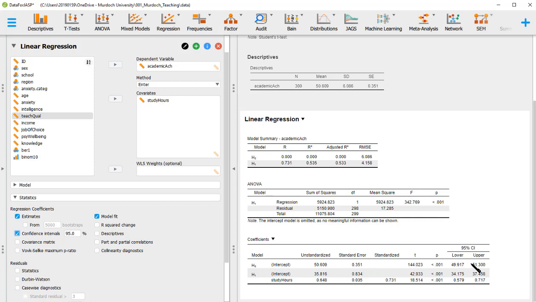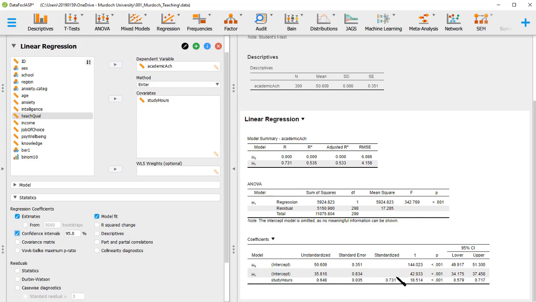And the 95% confidence interval is equivalent to the one we calculated with the previous method. Now we have the confidence intervals for the intercept, which goes from 34.17 to 37.45, and for the slope, from 0.57 to 0.71.